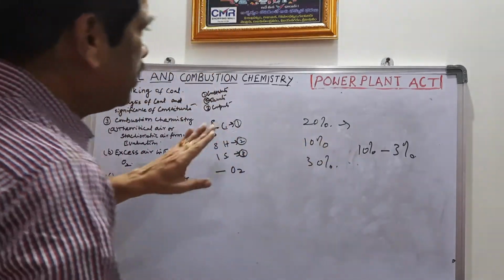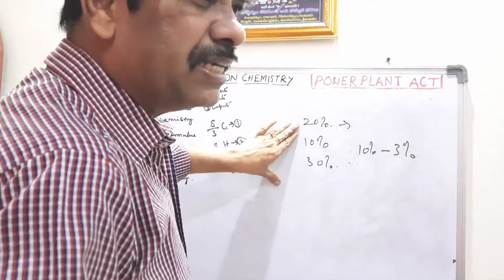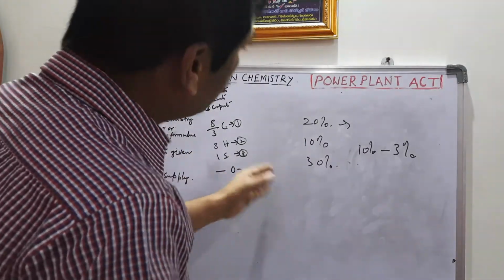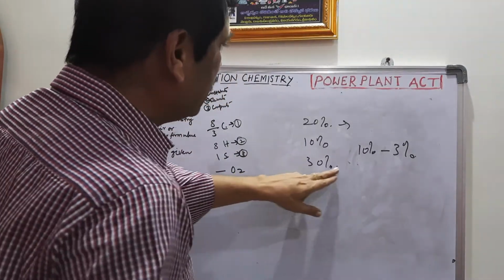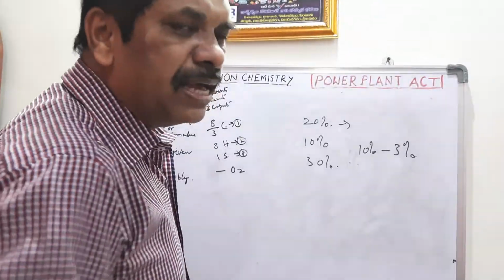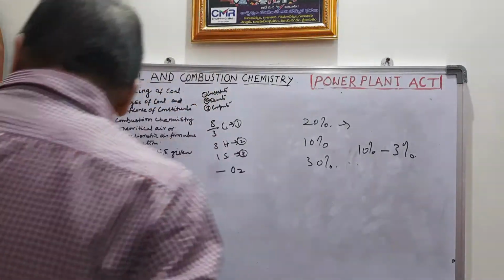So you have to find out how much excess air is needed, and that much excess air only you have to provide. If you provide more than that, there is a loss of fuel and ultimately an efficiency loss will take place.